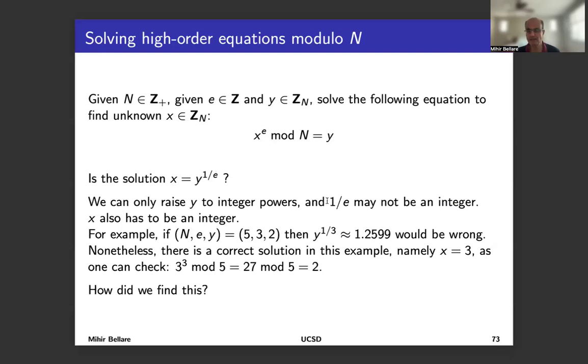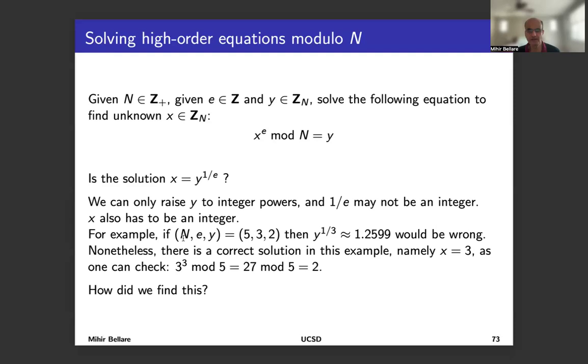In particular, it may not be an integer. If e is, say, 2 or 3, then this is like half or 1/3. Okay, half we might interpret as square root, and a third is a cube root. But even those don't particularly help us in terms of computation, naively at least, over here. And if you think of them as fractions, it's even worse.